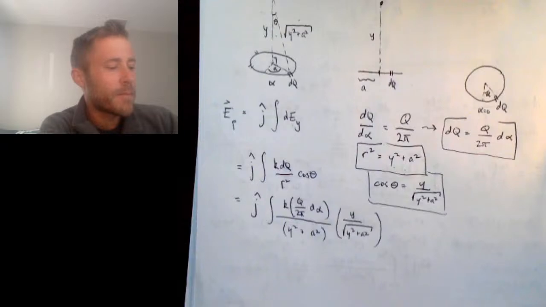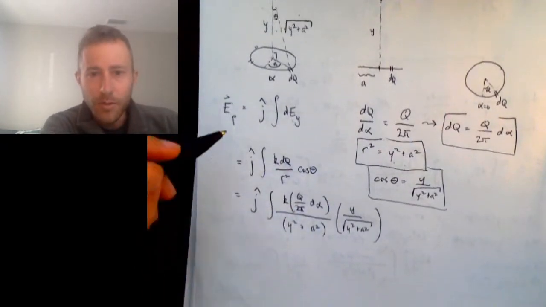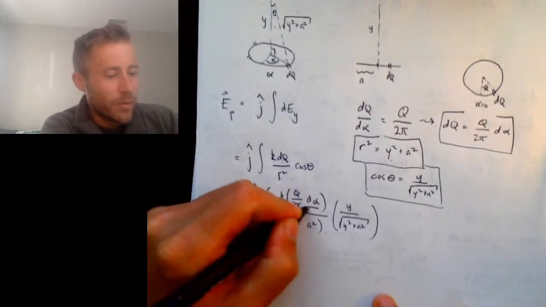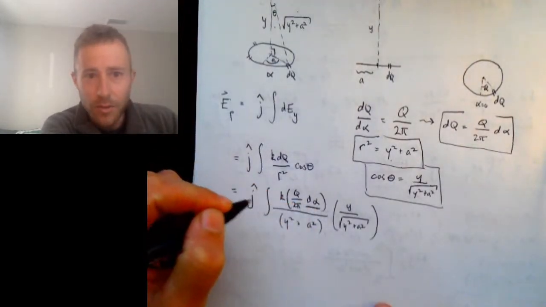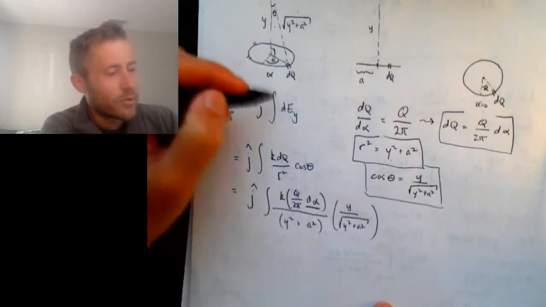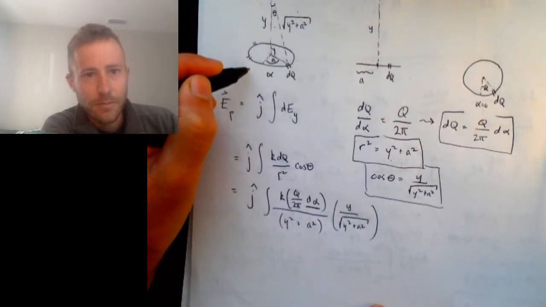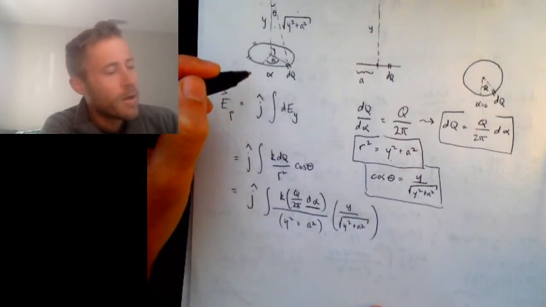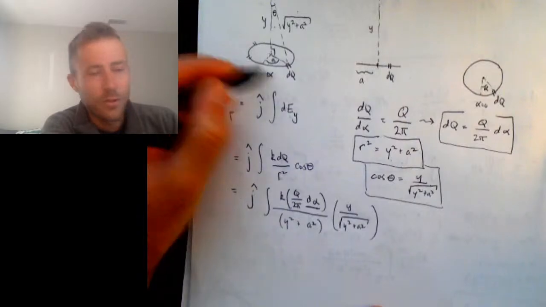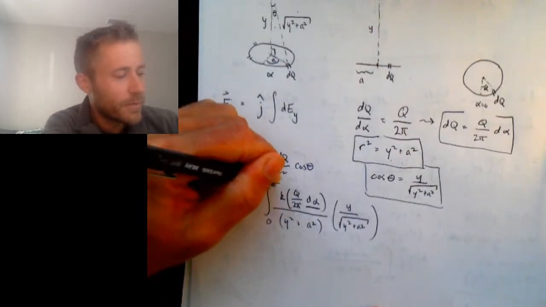All right. Now, if we look at our variable of integration, it is alpha, the angle around the circle. Because we're including all of the charge in the circle, we're going to go from 0 to 2 pi on this integral.